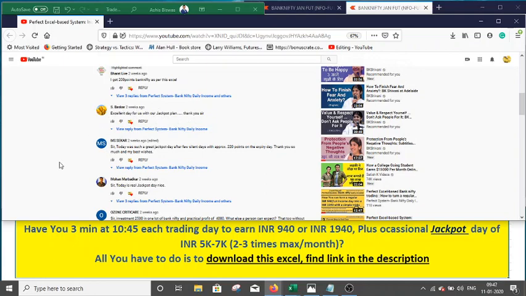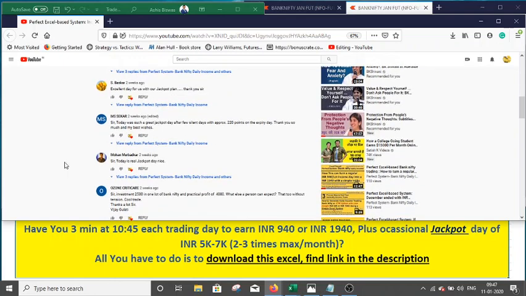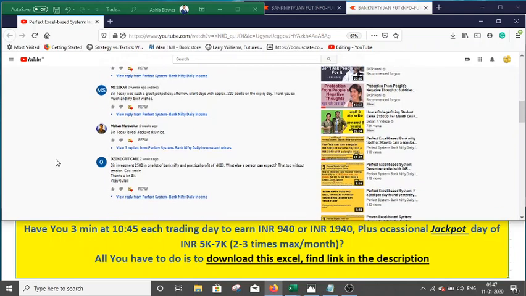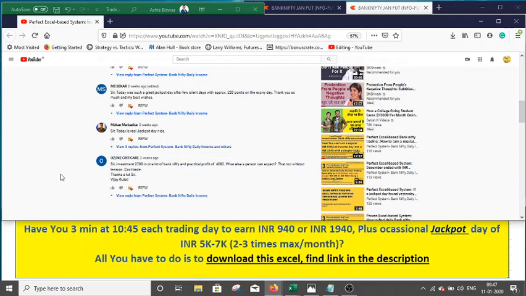Bhaskar says. MS Sekhar says that today was such a great jackpot day after a few silent days, with approximately 220 points. Mohan said today is a real jackpot day, nice. And Vijay says that he invested 2,500 in one Bank Nifty and made a perfect profit of 4,000.